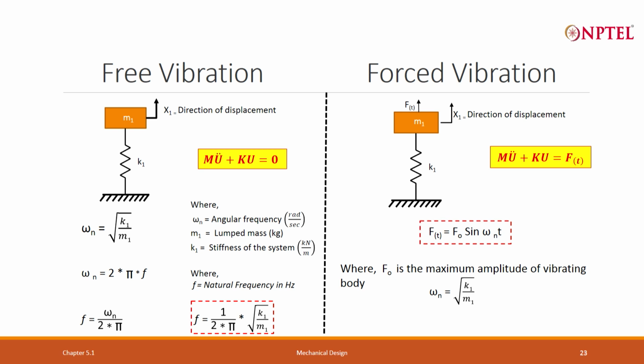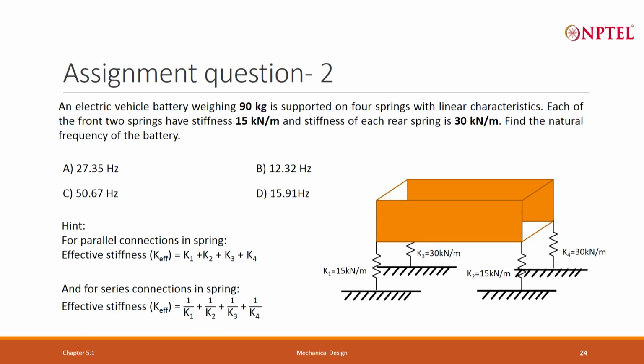I will show you the next slide, in that I will give you an assignment question, and that assignment question will give you the feel of how the vibration works out. So, what I am saying here, an electric vehicle battery, my battery weight is 90 kg.